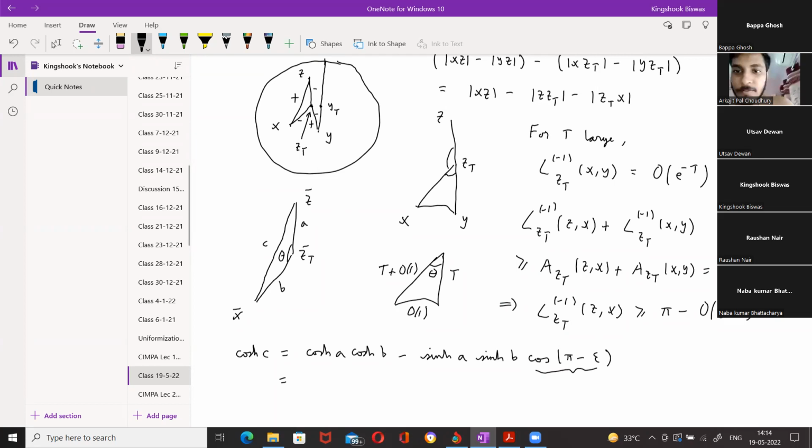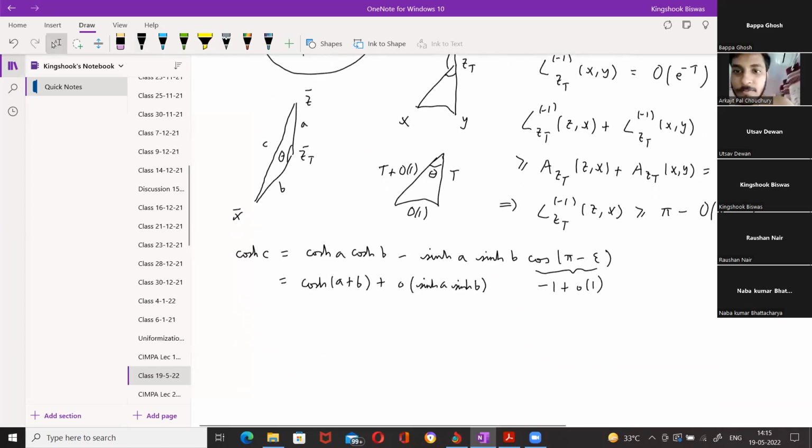So this becomes minus 1 plus little o of 1. So this will become cosh(A plus B) plus little o of sinh A sinh B.